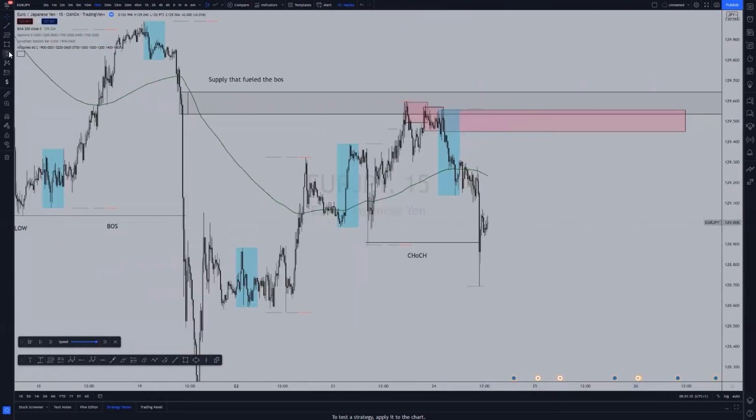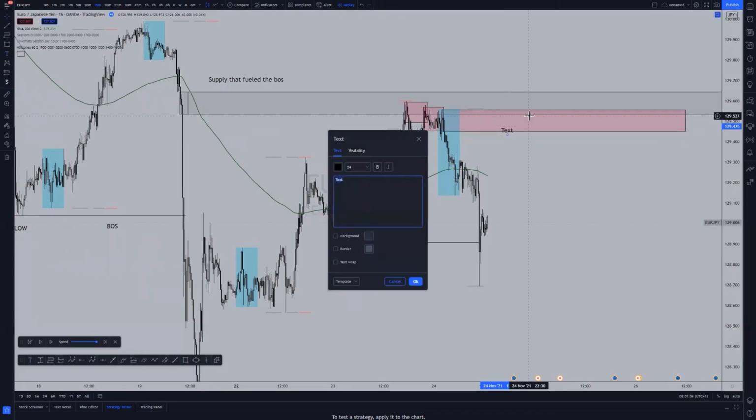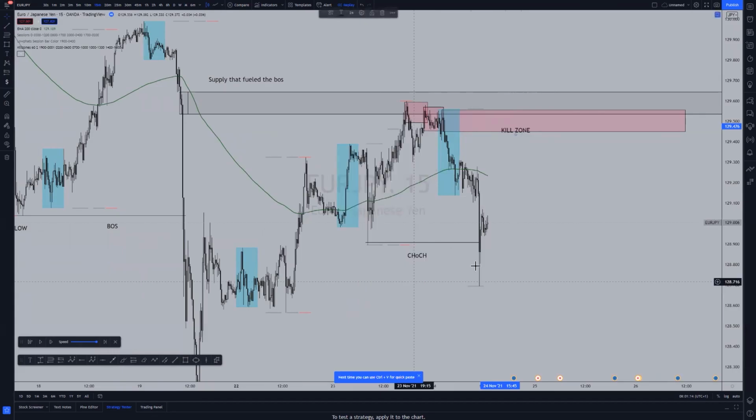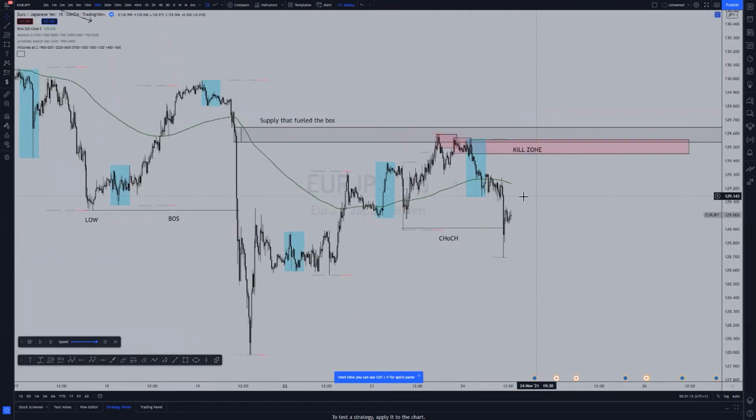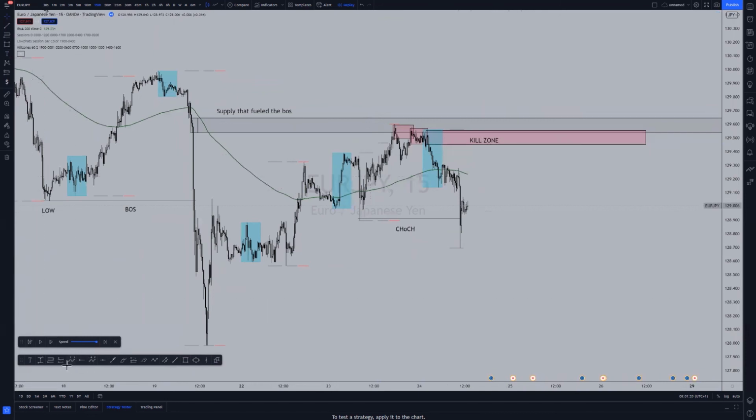So in fact, the day I gave out this trade, I labeled it my Q zone. This was my Q zone because everything has played out already. So this was my Q zone, and I wanted to see what price would do.